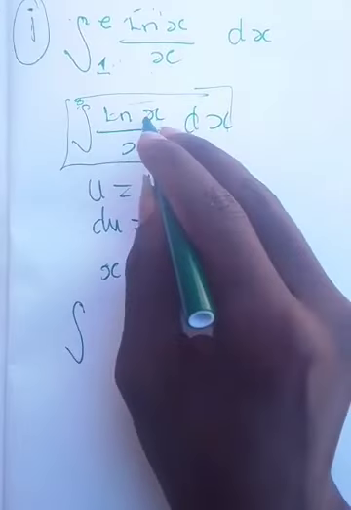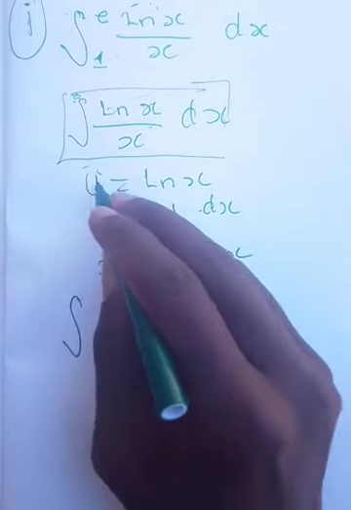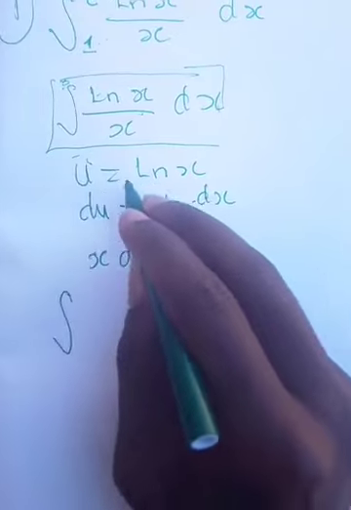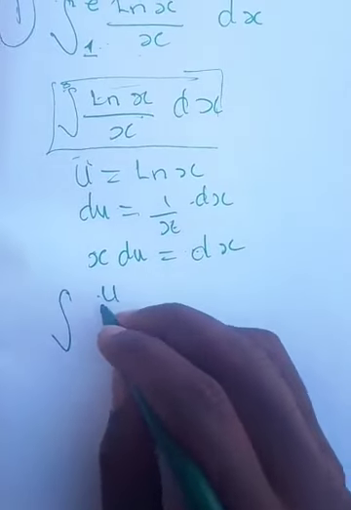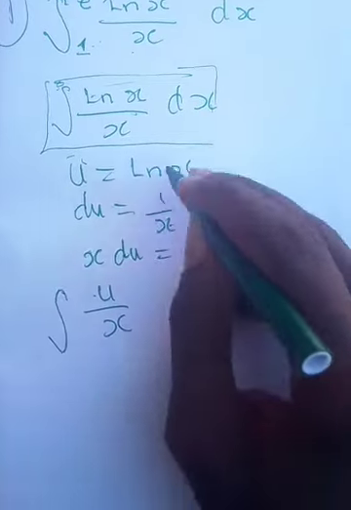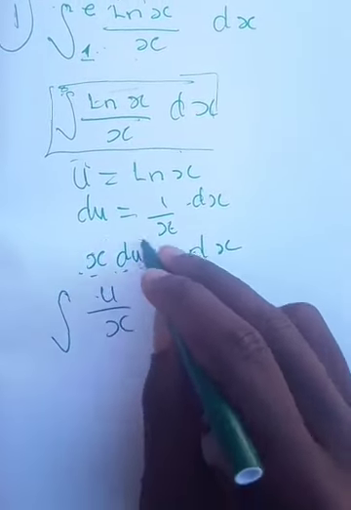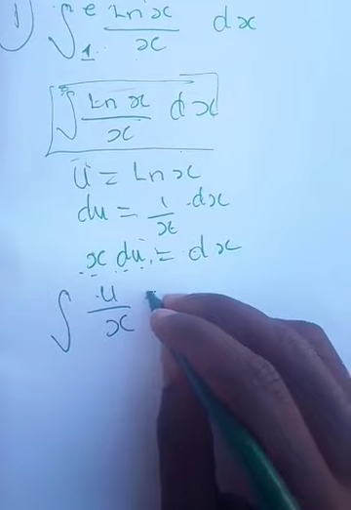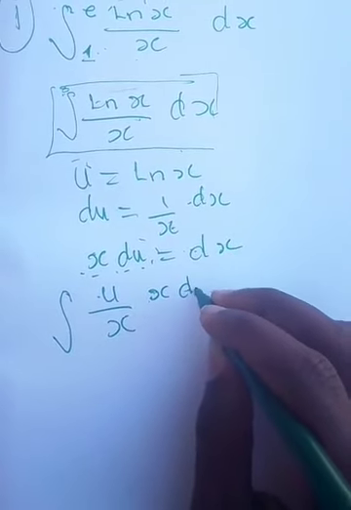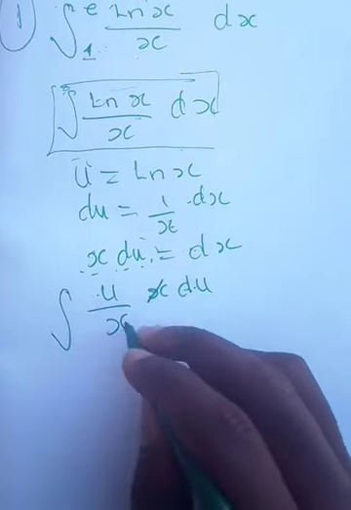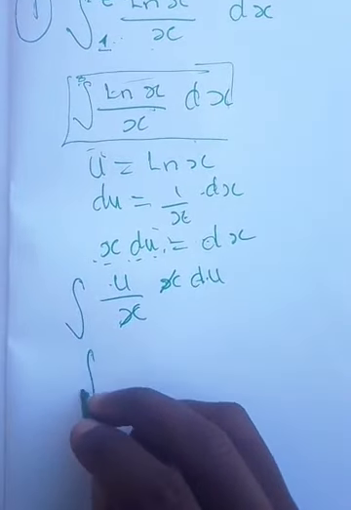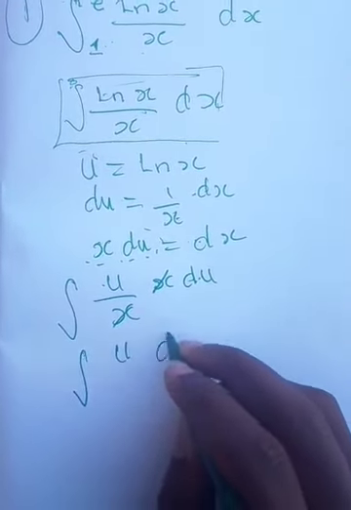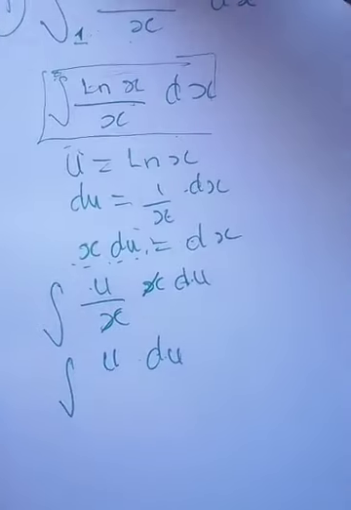Where there's natural log x, I substitute u, because u is equal to natural log x. Then where there's dx, I put x du. Then the x and the x cancel each other, so I remain with u du.